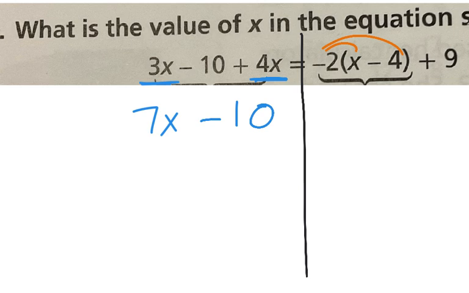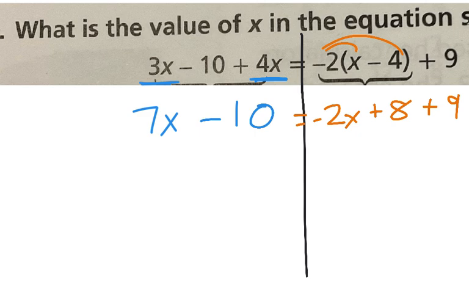So negative 2 times x is negative 2x. Negative 2 times negative 4 is positive 8. I don't distribute to the plus 9. Why not? It's not in parentheses. Questions now?